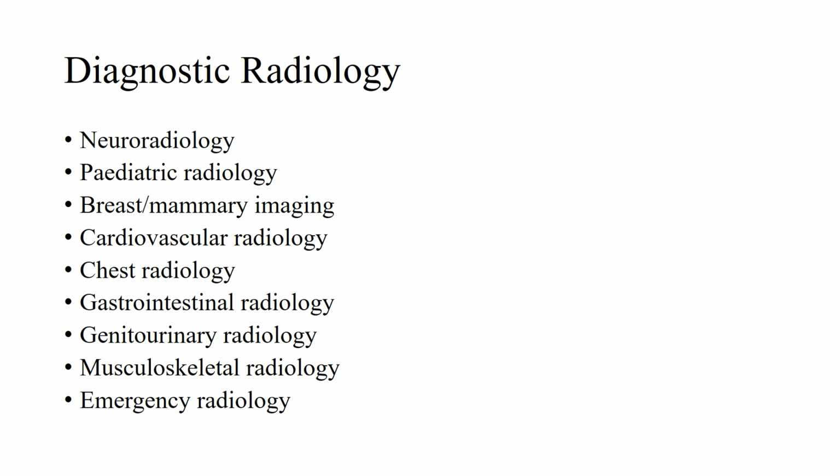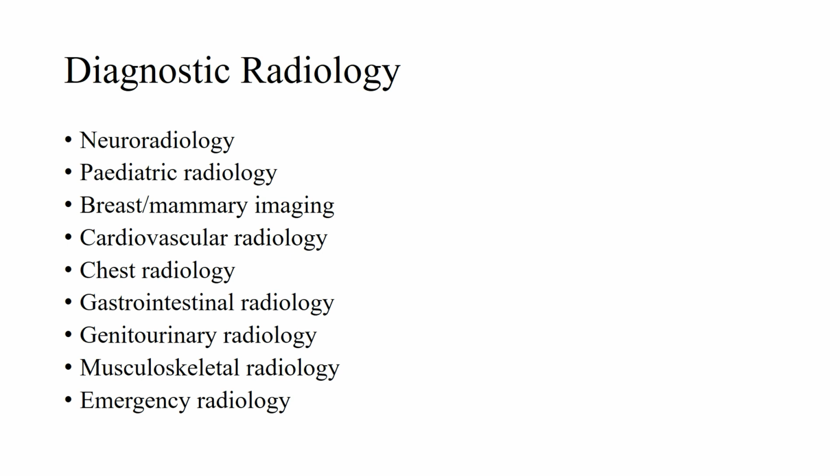that we call heifer age. The radiology part that deals with the mammary glands or the breast, we call breast or mammary imaging. Anything that deals with the cardiovascular system is cardiovascular radiology. Thoracic radiology is also designated as chest radiology, and images dealing with the abdominal or gastrointestinal region are referred to as gastrointestinal radiology.